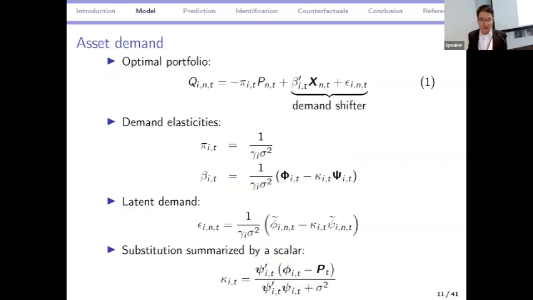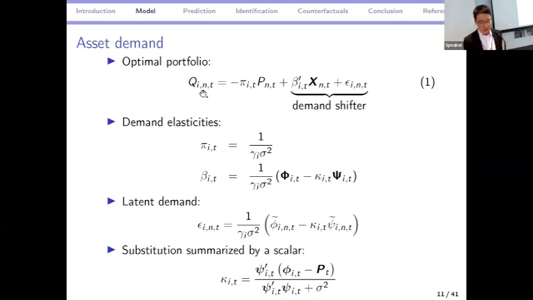Okay, so this is where the demand system comes in. There's another way to represent the same model's equilibrium as optimal portfolio choice. And this is emphasized in the great work that Luis has done with John Campbell over many years, right?